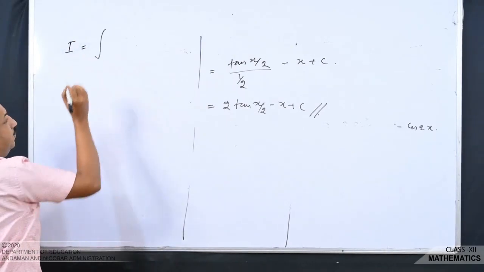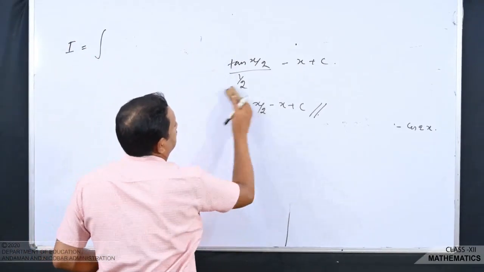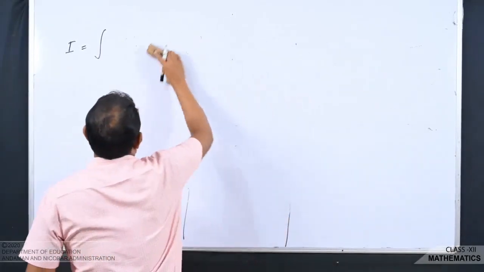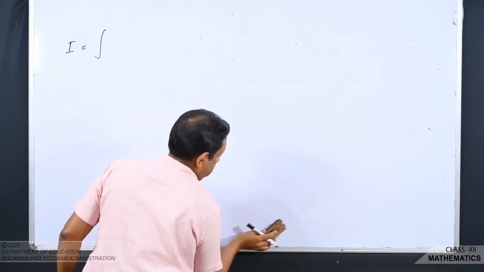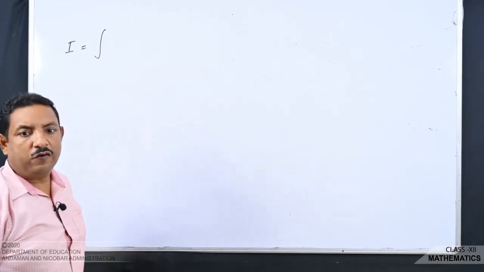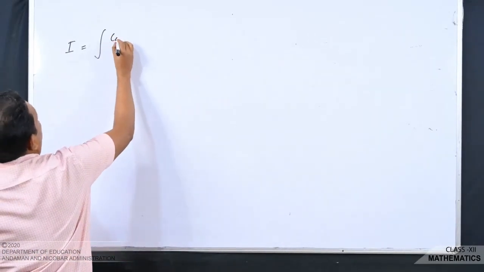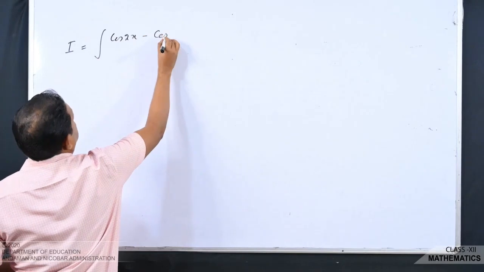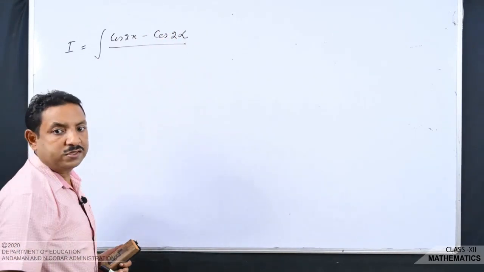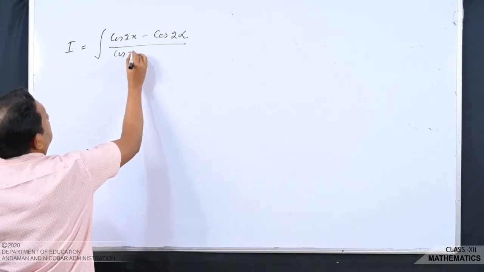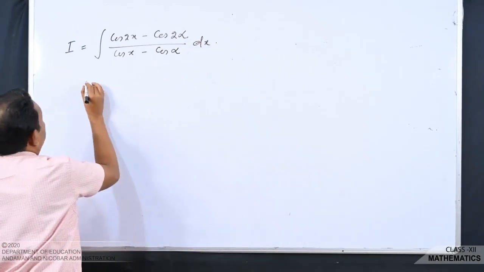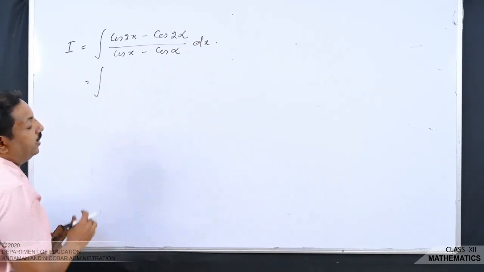Integration of cos 2x minus cos 2 alpha, full divided by cos x minus cos alpha, dx, is equal to integration of cos 2x.